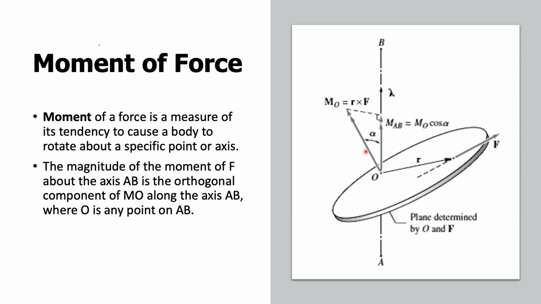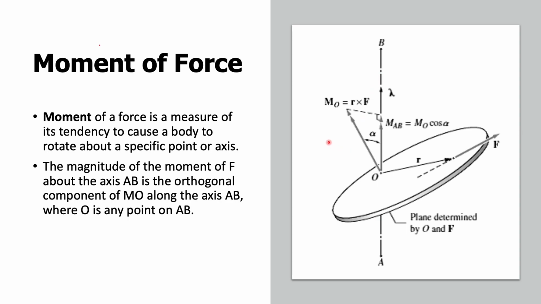Now the magnitude of the moment of force about this axis AB is the orthogonal component. So when you say orthogonal component, it's the component of this MO which is parallel with the axis of rotation AB.